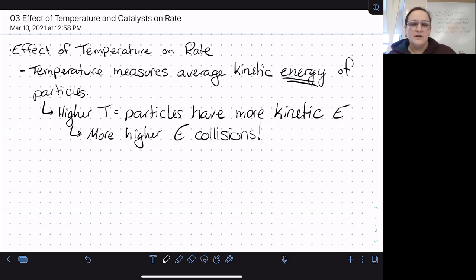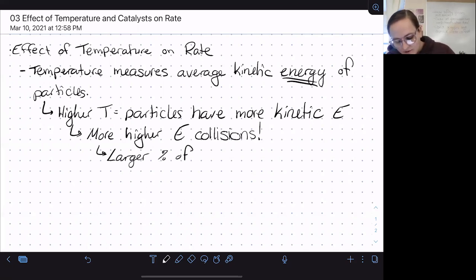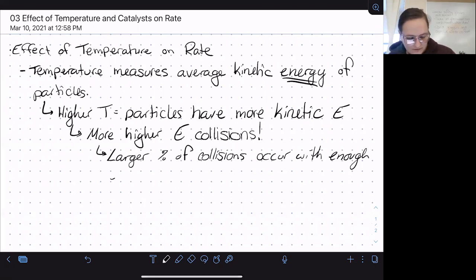So increasing the temperature tends to increase the rate of a reaction because it's essentially increasing your success rate. It is also increasing the total number of collisions a little bit, but that factor is nowhere near as important as the fact that a larger percentage of the total collisions are occurring with at least the activation energy, with enough energy to be successful.